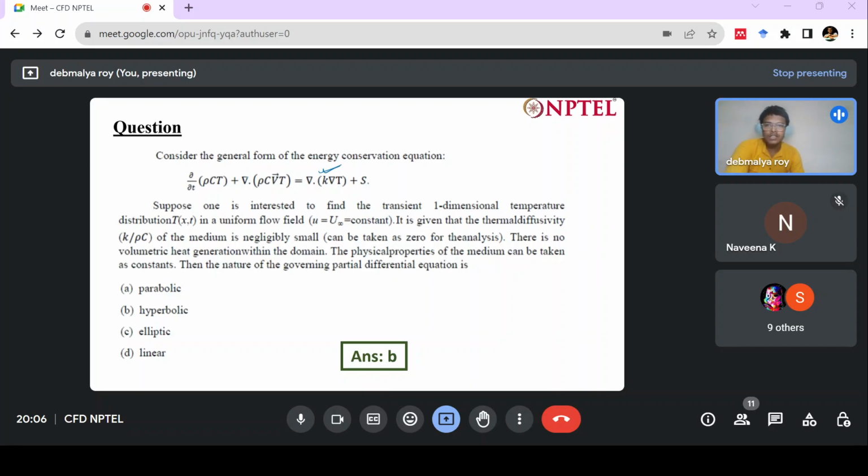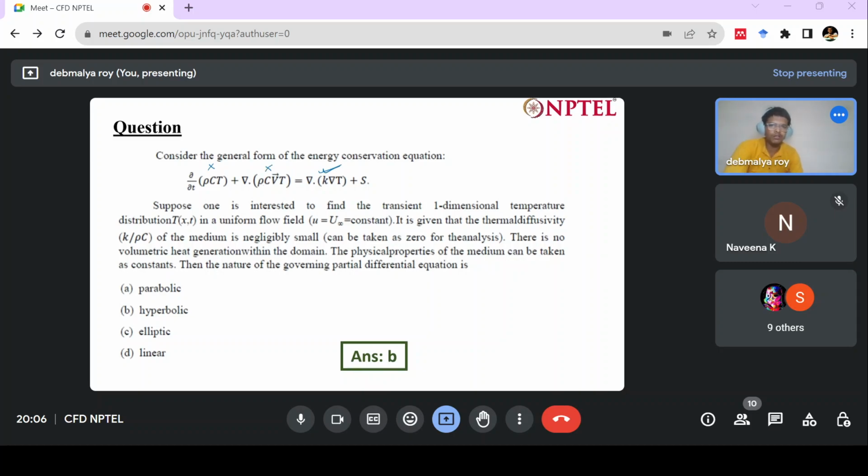If I do steady conduction, then this will not be there. When I am saying conduction, it is generally implied that it might be on a solid, where the velocity is zero. So if there is no velocity of the material, we may not use this term.